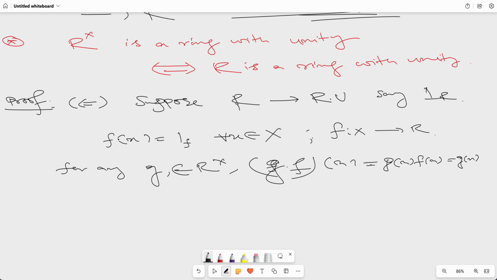So I am defining a function f such that f(x) equals 1R for every x. So this f is going to be a unit, because f is a function from X to R. This implies g(x)f(x) equals g(x). This is unity.